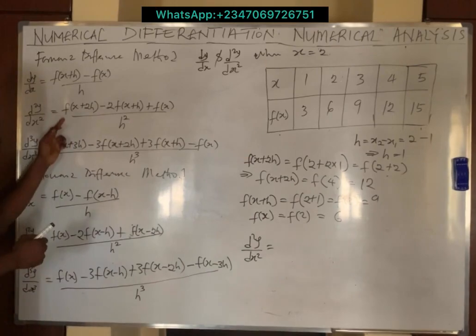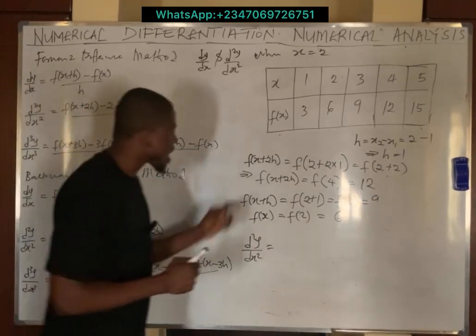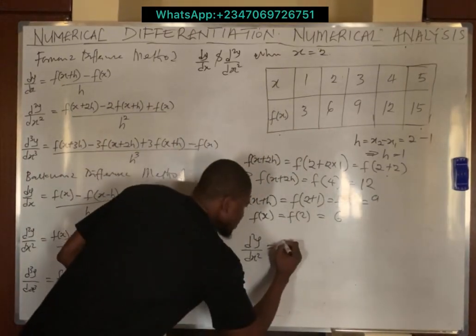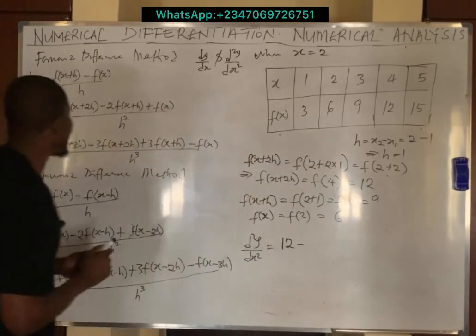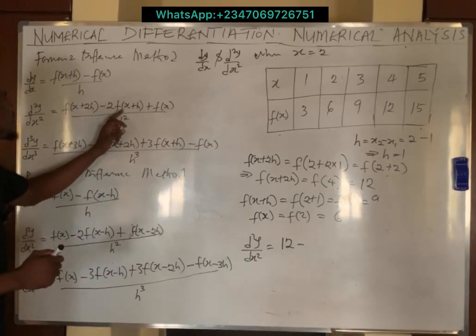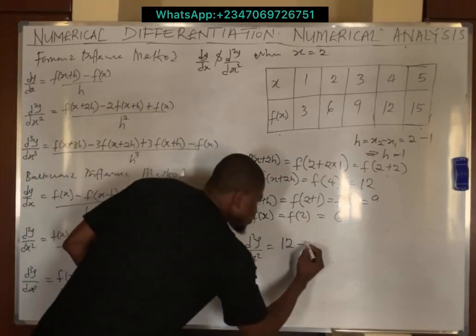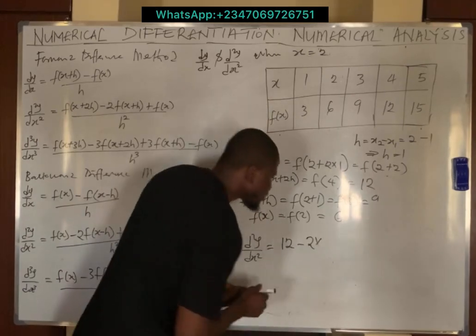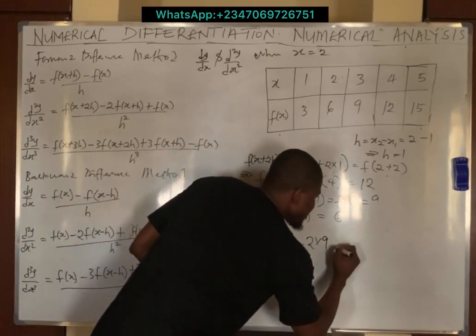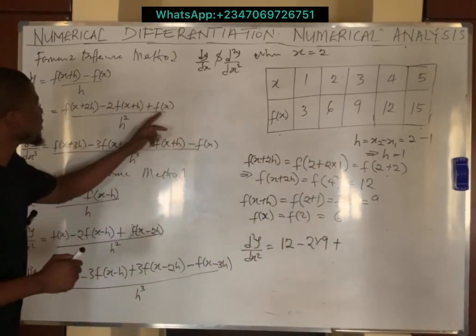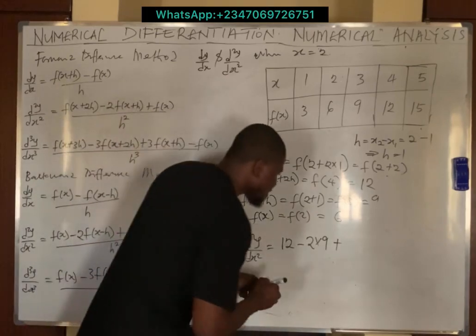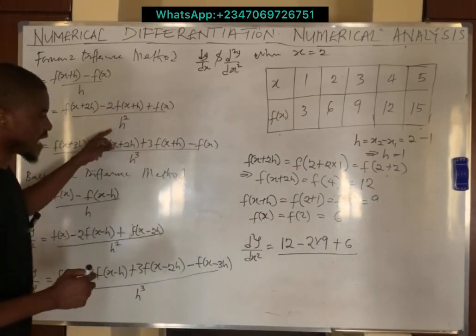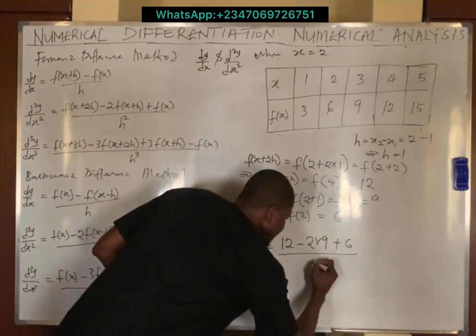the formula says f of x plus 2h, and we know our f of x plus 2h to be 12. So you simply put it down: 12 minus 2 times f of x plus h. Remember, f of x plus h gave us 9, so you have 2 times 9, plus f of x, which gave us 6, divided by h squared, and h is 1, so it becomes 1 squared.